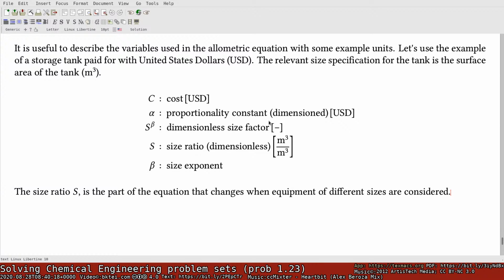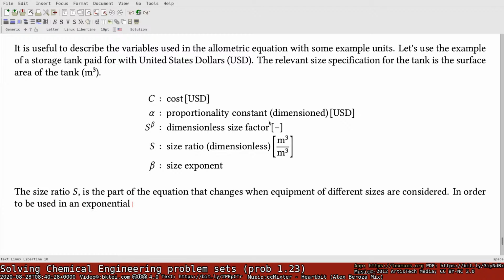Let's see. In order to be used in an exponential factor, its exponent must be dimensionless in order for the equation to make sense, I guess.